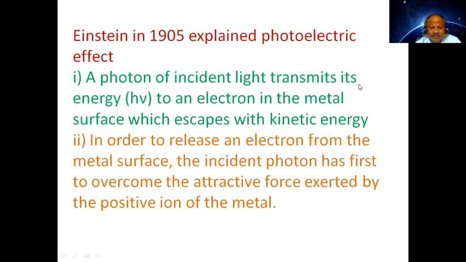Transmits energy to an electron in the metal surface and which escapes with kinetic energy. And second जो है, in order to release an electron from the metal surface, the incident photon has first to overcome the attractive force exerted by the positive ion of the metal.